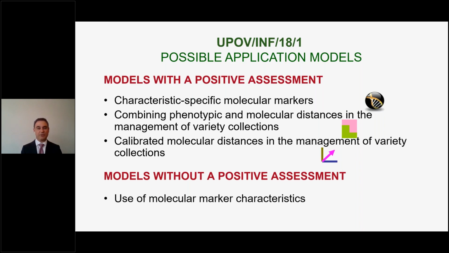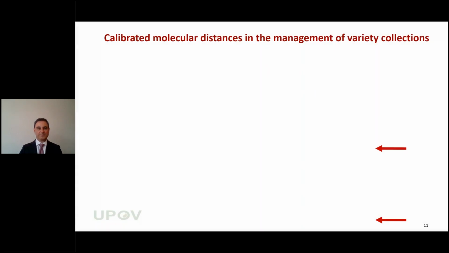So someone has to grow the variety. And this last model, use of molecular marker characteristics, was considered not to be in line with the UPOV Convention.